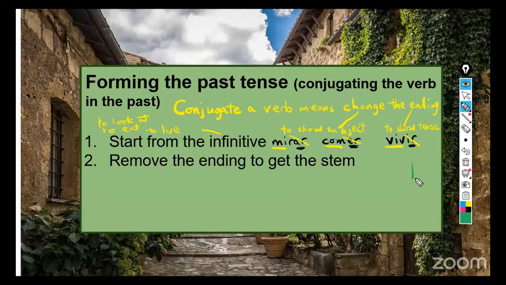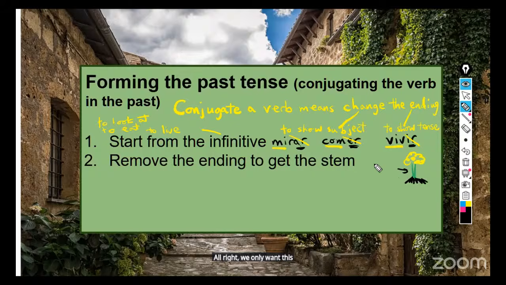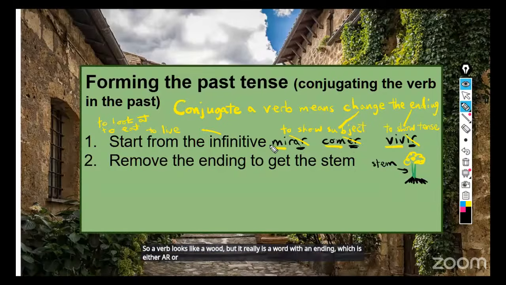So you have a flower, a pretty sunflower or a daisy or a weed, whatever, and it has roots at the end. We only want the stem part. This is the stem. So a verb looks like a word, but it really is a word with an ending, which is either AR or ER or IR, and then in front of that is the stem. So we really remove the ending to get to the stem.